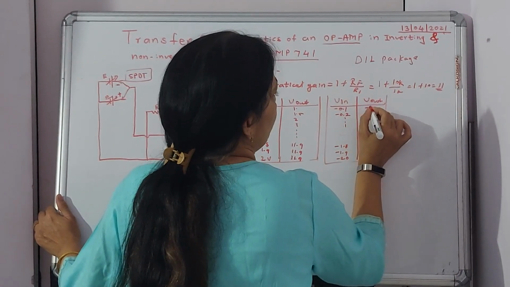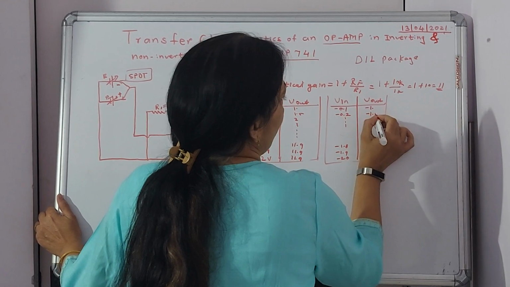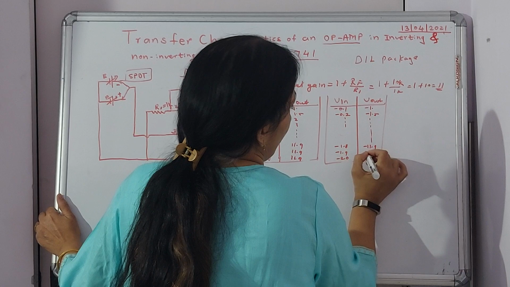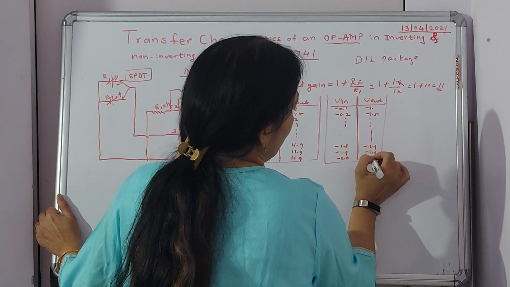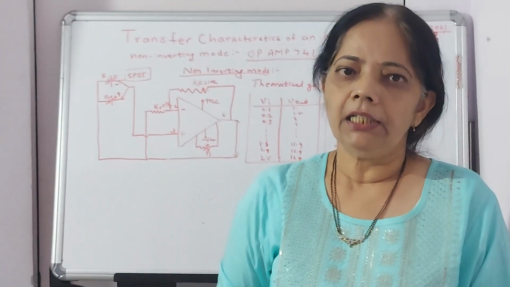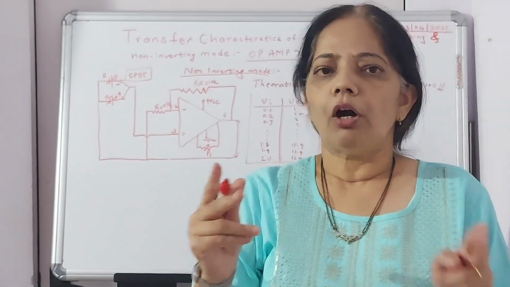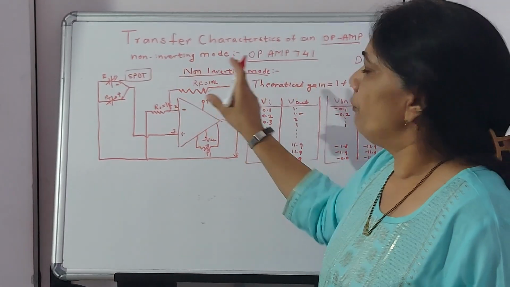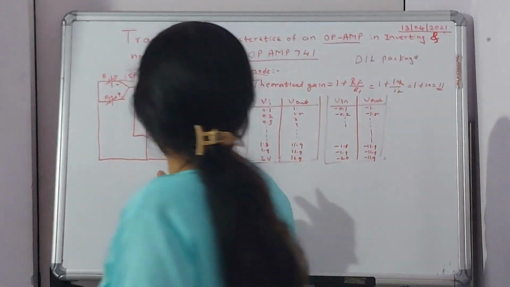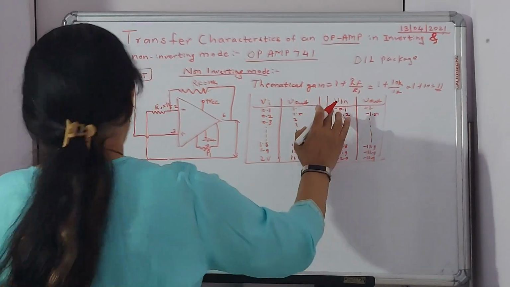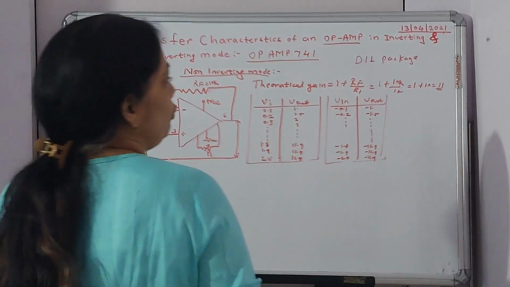So I will be getting the output like 1 point something, 1.5, like that, till I reach minus 11.9, minus 11. So this is the way I will get the input to output table for the non-inverting mode. Which means here I will be getting input positive, output positive, and input negative, output also negative.